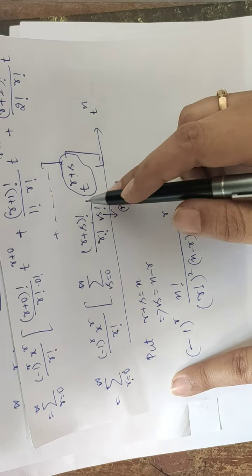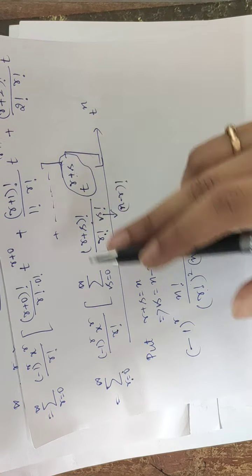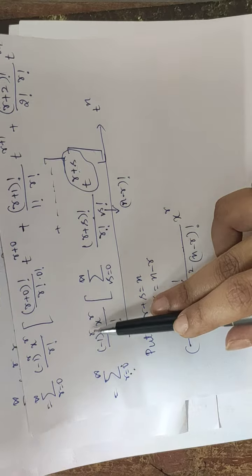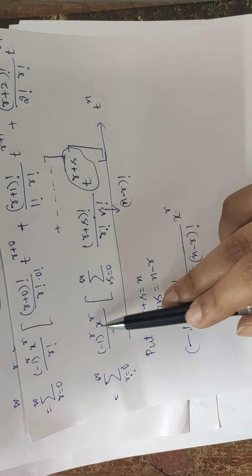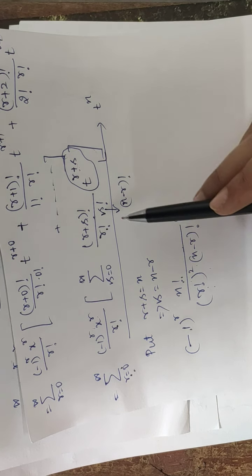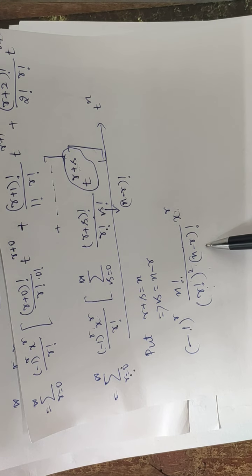So we are comparing the coefficient of t power n for a fixed value of r, and you will get minus 1 power r into x power r into n factorial by r factorial whole square into n minus r factorial.